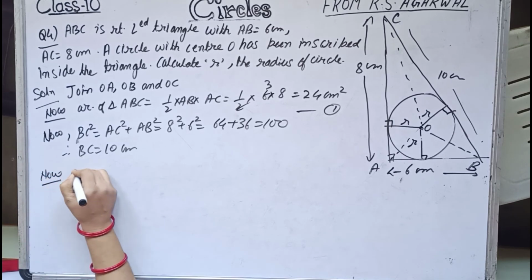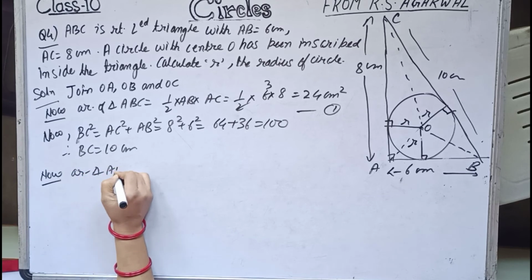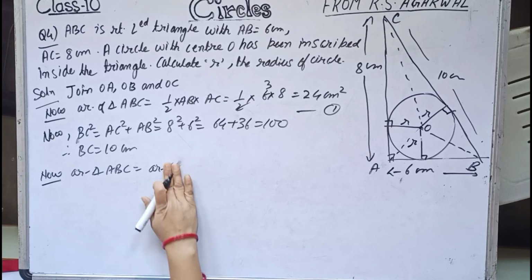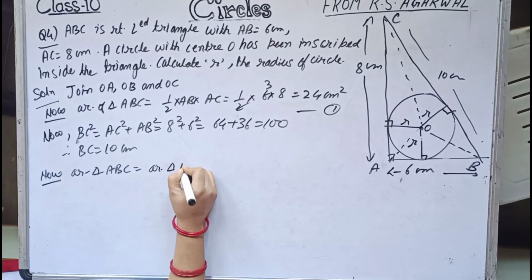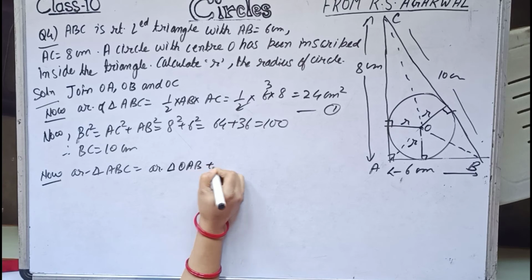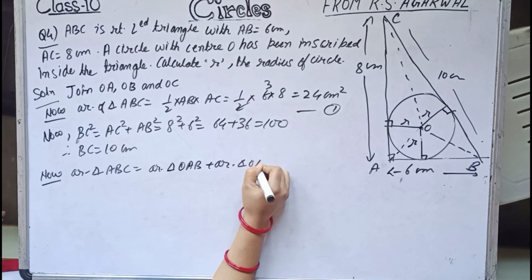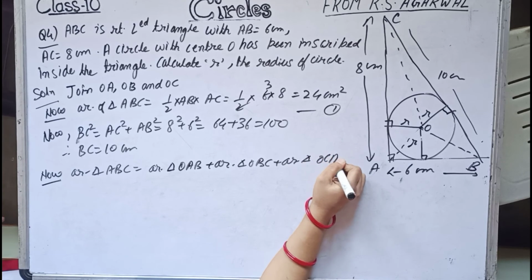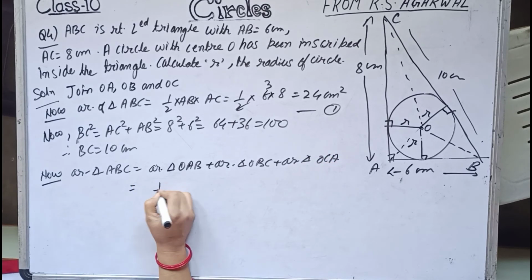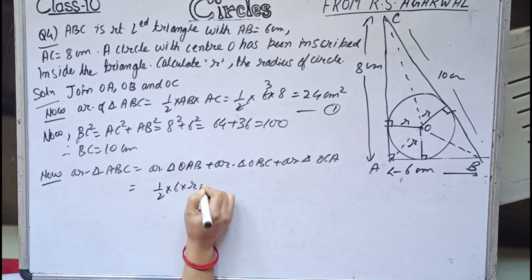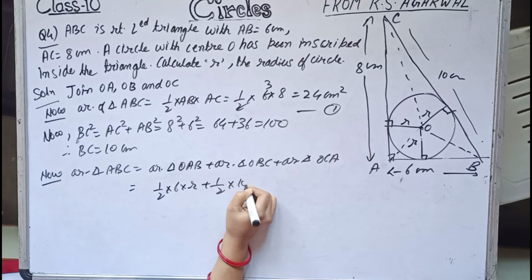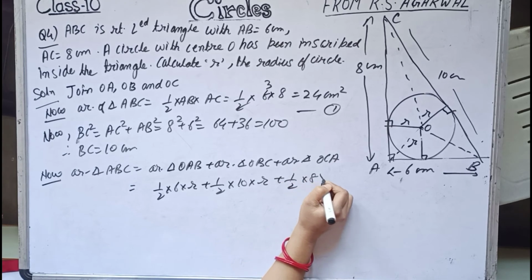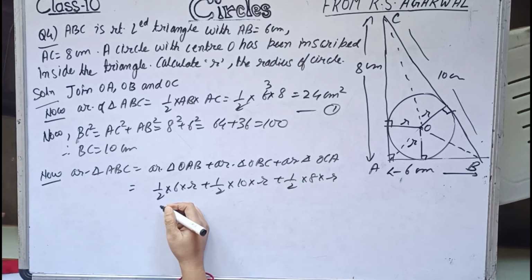Now area of triangle ABC equals to area of triangle OAB plus area of triangle OBC plus area of triangle OCA. Now OAB will be half into 6 into R plus half into 10 into R plus half into 8 into R, half base into height.